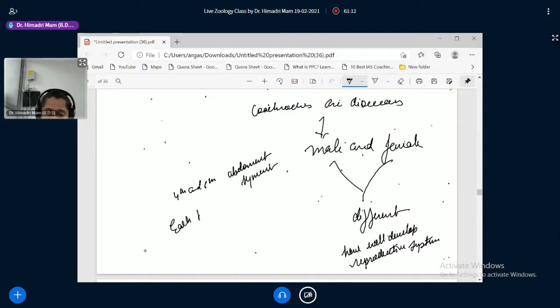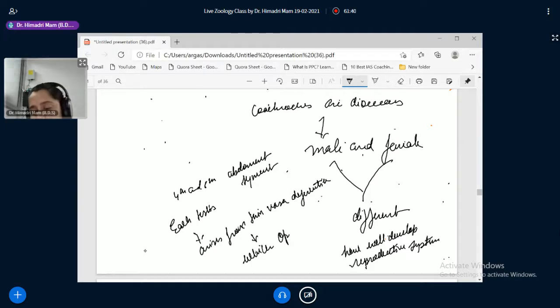Each testis gives rise to a thin vas deferens, right, which opens into the ejaculatory duct.